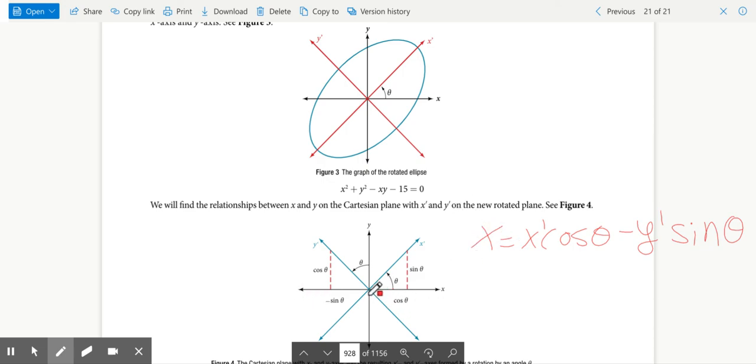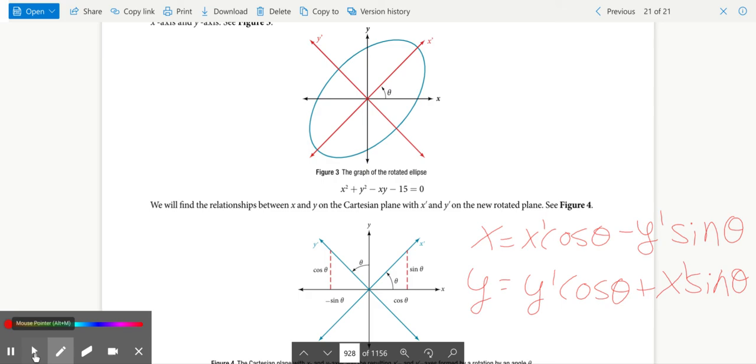So then for the y direction, I've gone x prime sine theta and I've gone y prime cosine theta. So y is going to be y prime cosine theta plus x prime sine theta. So with x, you have this minus, and with y, you have plus, and the sines and cosines switch.